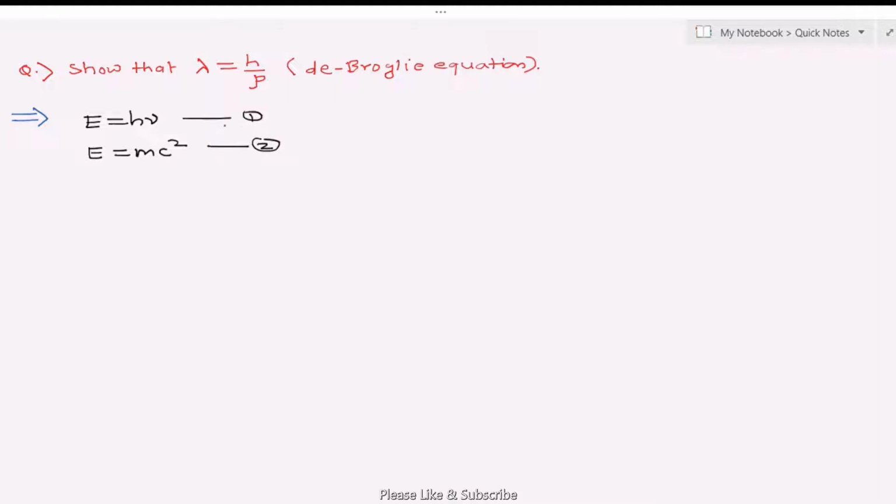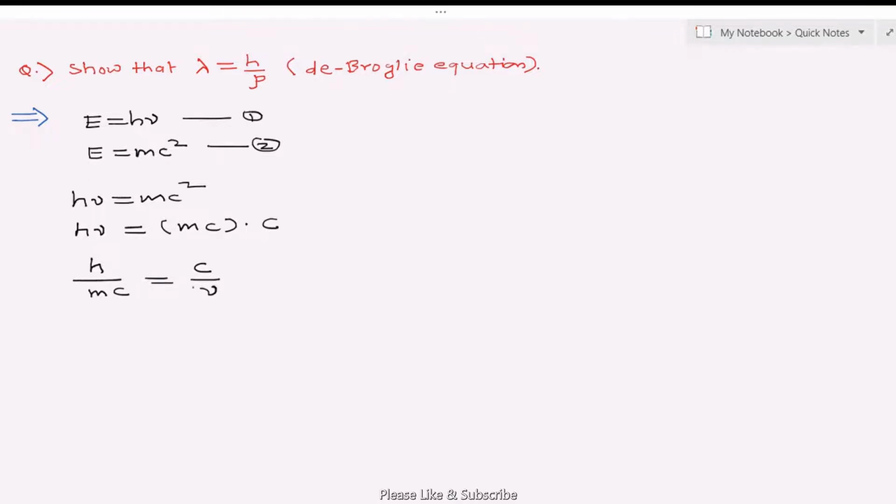If we equate these two equations, you can write h nu is equal to m into c square, or h nu is equal to m into c multiplied by c. So if you rearrange this, you can write h upon m into c, that is equal to c upon nu.